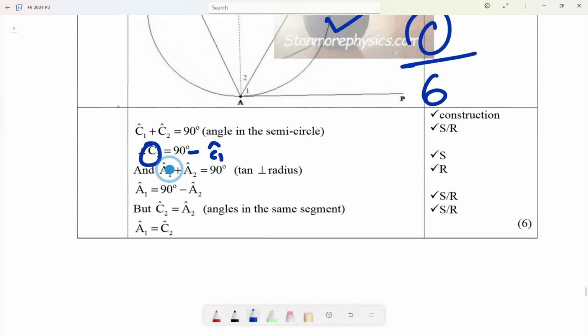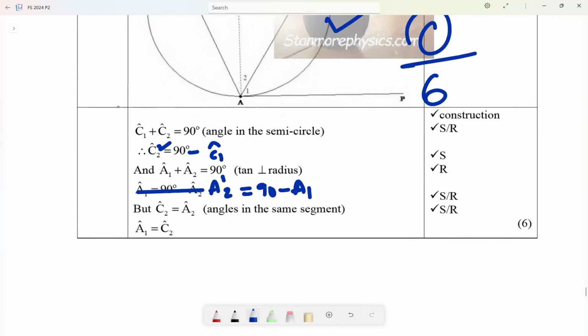If C2 is equal to A2, then what? Okay, here, I don't know how the examiner proved that C2 is equal to A2. This one is equal to that one. So it means here you can say angle A2 is equal to 90 minus angle A1. Okay?